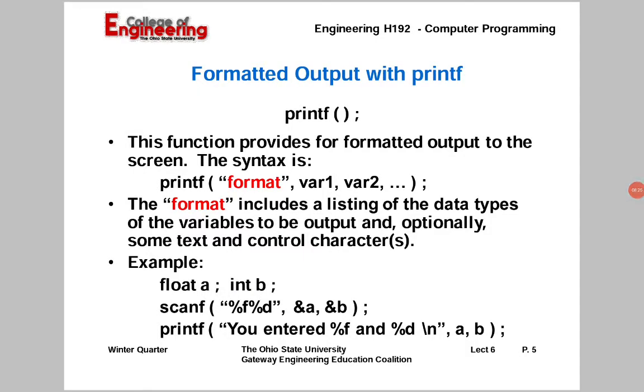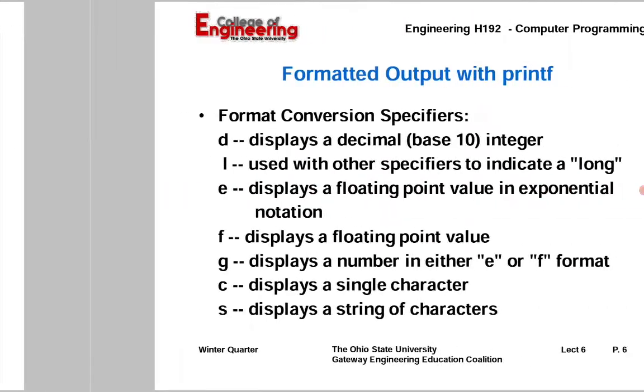Printf within quotes, you entered some text, comma a, comma b. So printf is used to display some text and the contents of the variables, whereas scanf is used to accept or input data or values from the users into the variables.